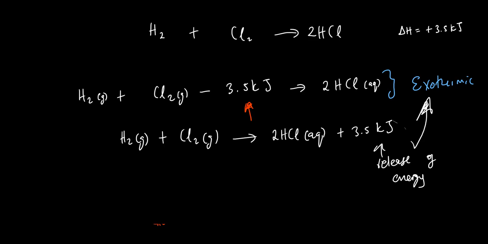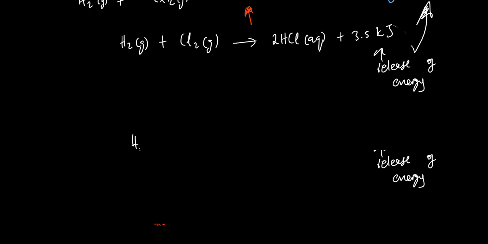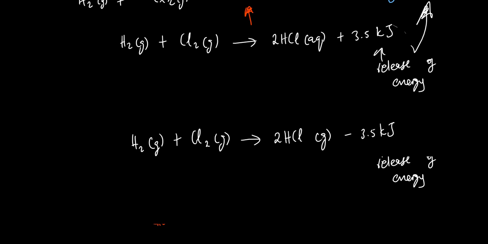So let's say you have the following, and then they say minus 3.5 kilojoules. Once it's like this, then it becomes an endothermic reaction. We're not looking at the sign of this and deciding, because this thing is not enthalpy.